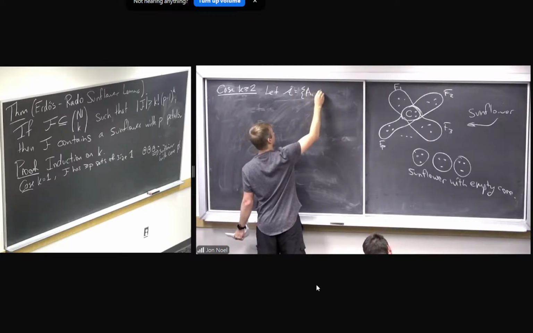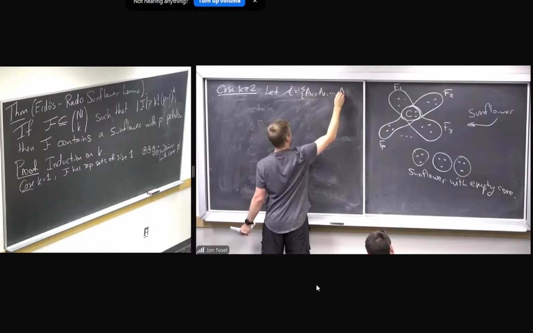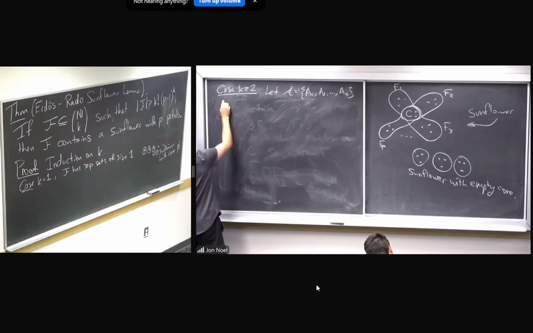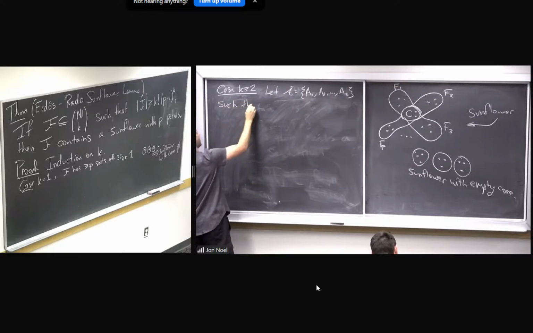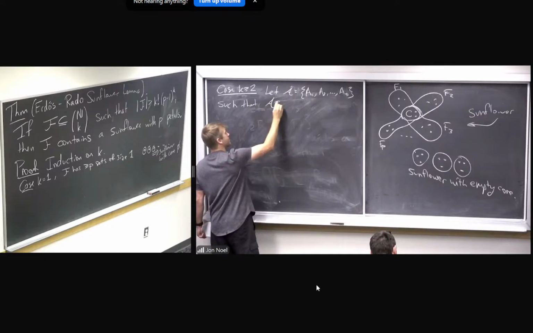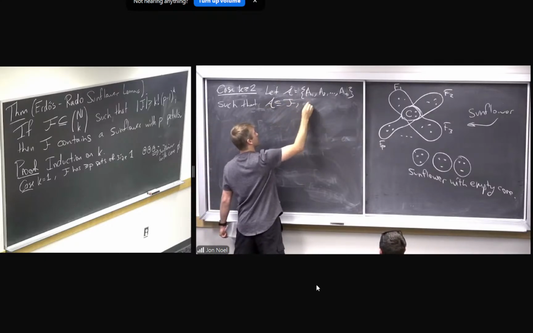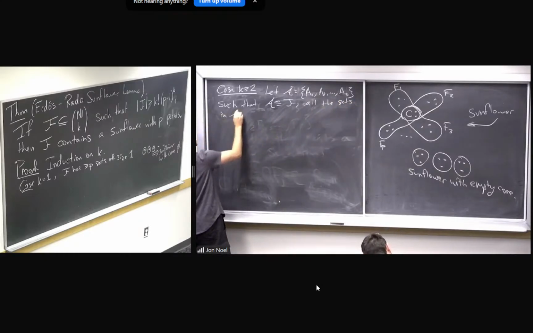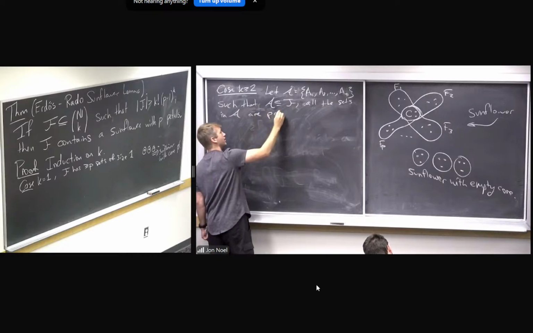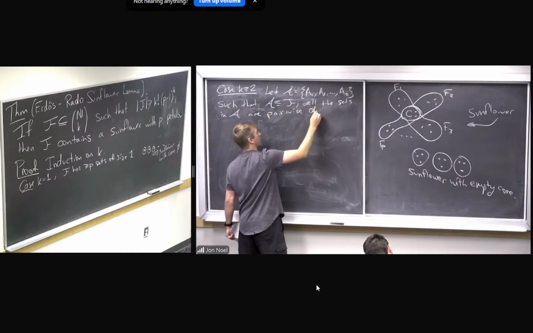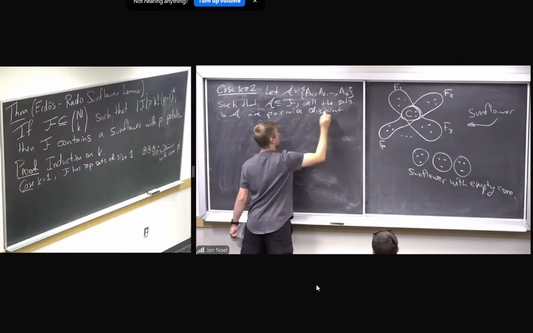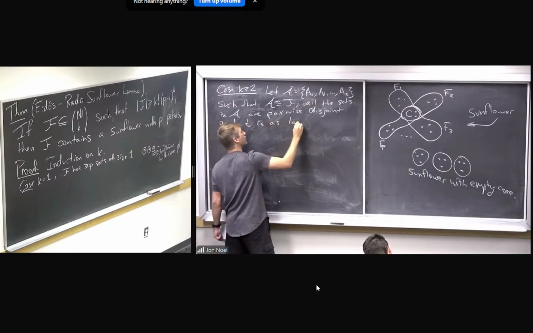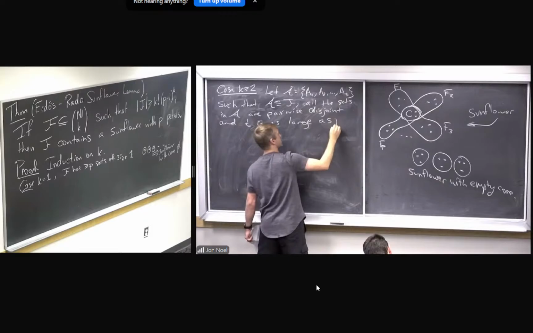So take a subcollection A1 up to AT, such that A is a subset of F, all the sets in A are pairwise disjoint, and T is as large as possible.